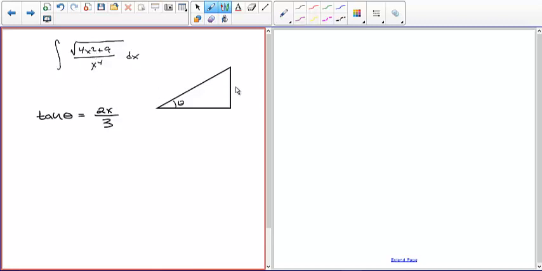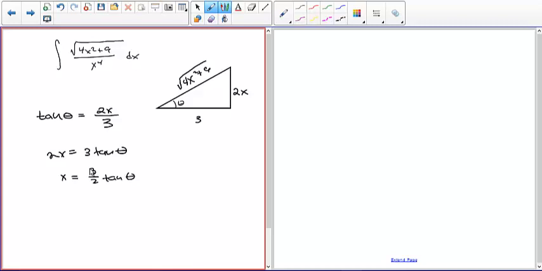If we let the opposite side be 2x and the adjacent side be 3, then 3 squared plus 4x squared equals the hypotenuse squared. So that's the only difference. So we'll get 2x equals 3 tangent theta, or x equals 3/2 tangent theta.